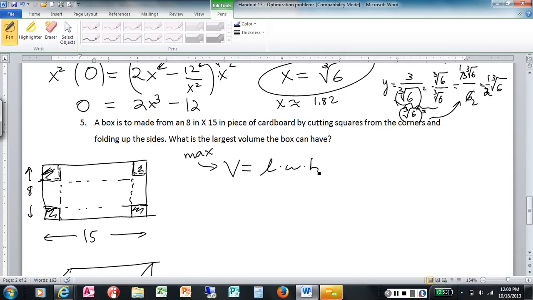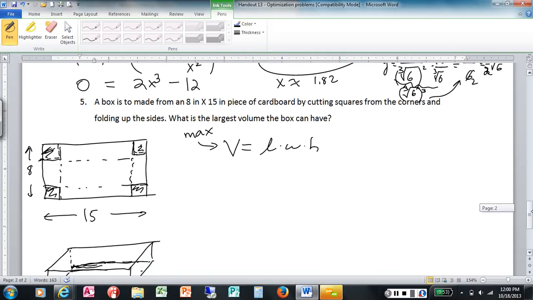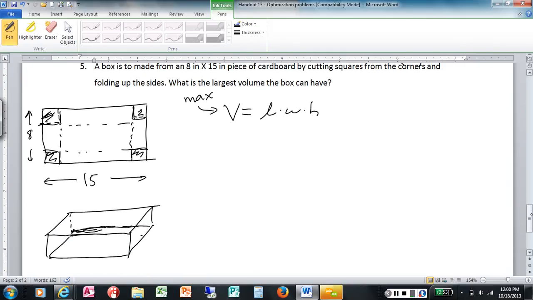But in this case, here's what I need. It's all going to depend, isn't it, upon how big of corners I cut out there. So I don't know how big I want, so let's just call that I cut out X. So it's X, all the way around there.